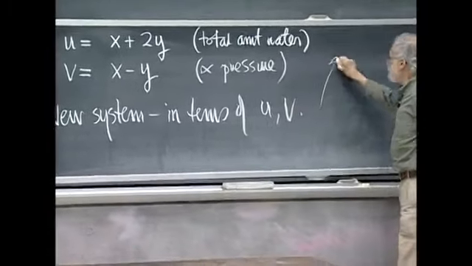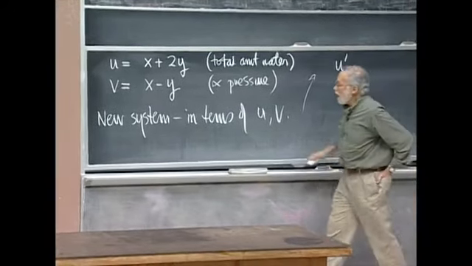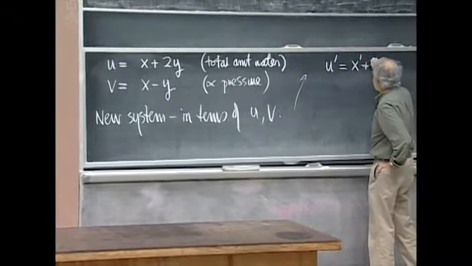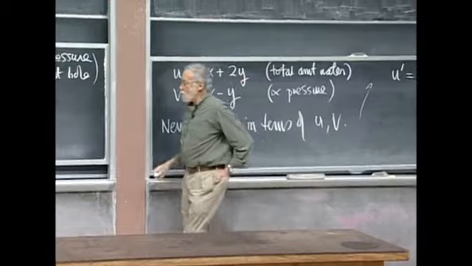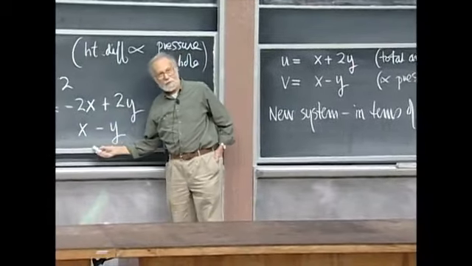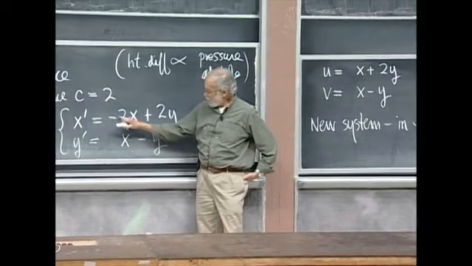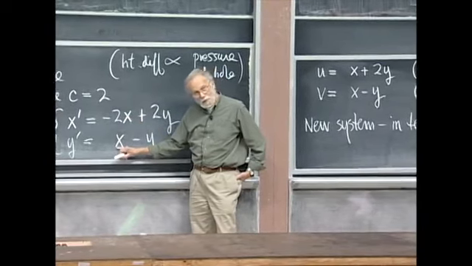What will that be? Well, u prime is x prime plus 2y prime. But I know what x prime plus 2y prime is because I can calculate it from this. What will it be? X prime plus 2y prime is negative 2x plus twice y prime.